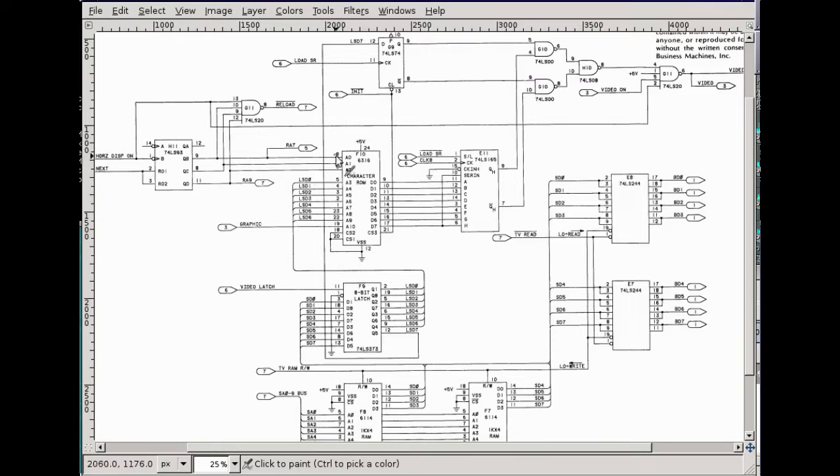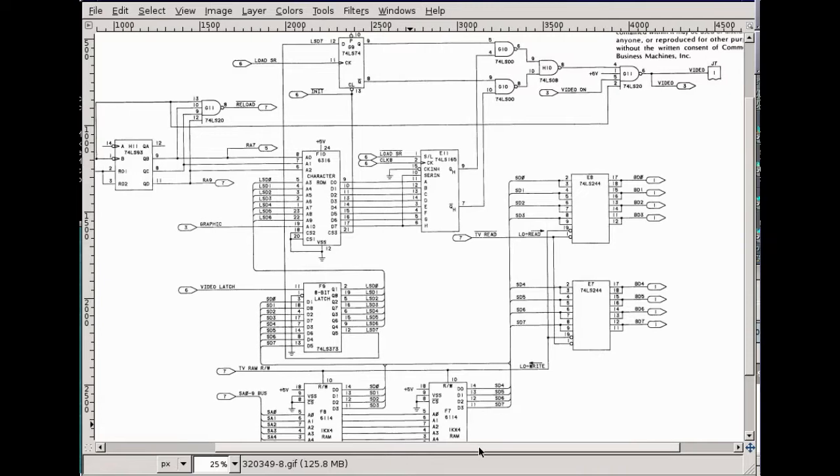So let's first look at the schematic, sheet number 8 of the 2001N computer, which is the video output part of the Commodore PET.